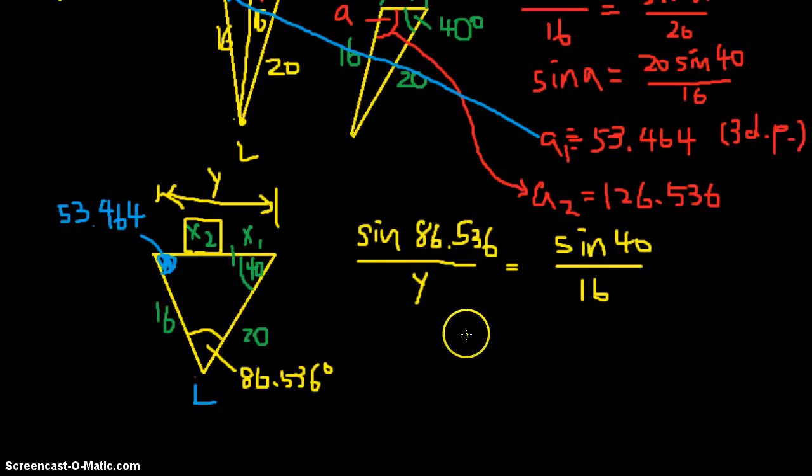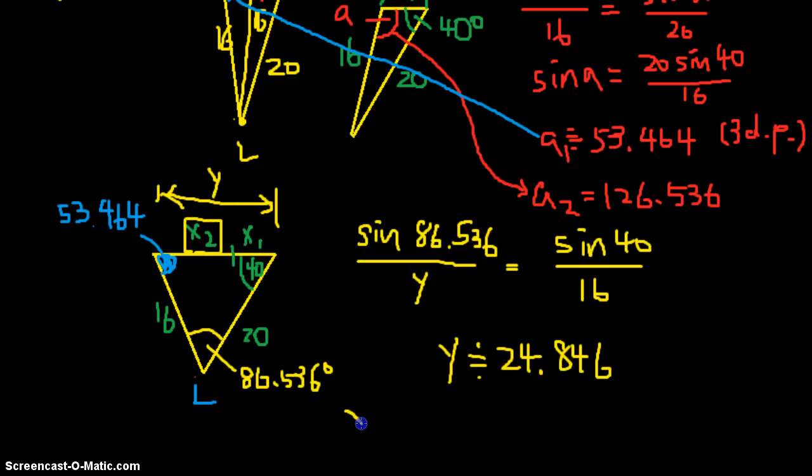Okay, so now let's solve for y. You put that in your calculator, and your y is going to be approximately, again, I'm rounding this up, so this is still intermediate working, so I'm going to round it to 3 dp, 24.846. Okay, so that's the total distance y. So now all we have to do is subtract x1 from y, and I'll get x2.